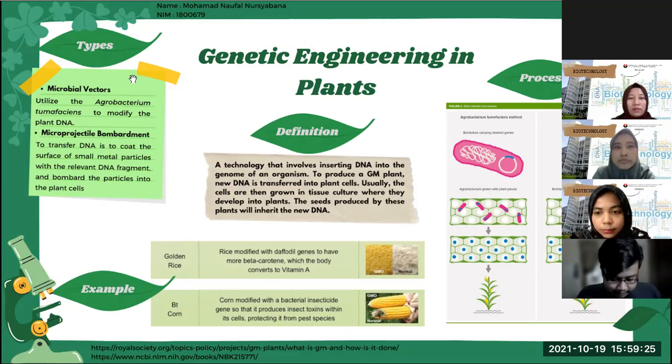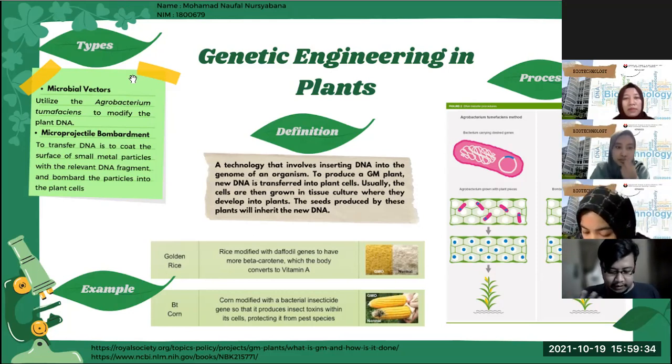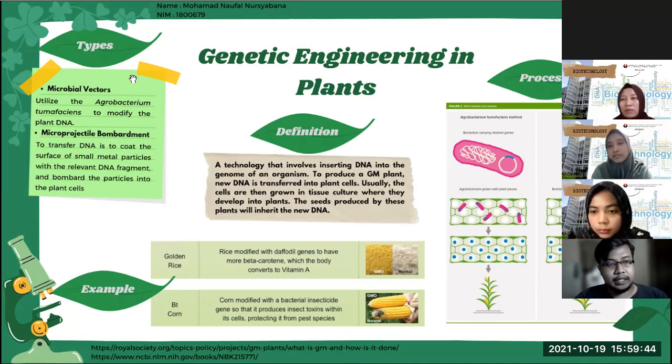Okay, next I would like to answer what is the benefit of the genetic engineering in plants outside the agriculture field. So currently in the international state right now, there is the malnutrition and hunger issue.